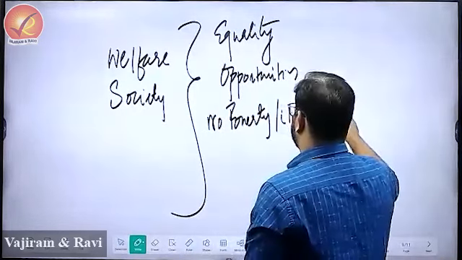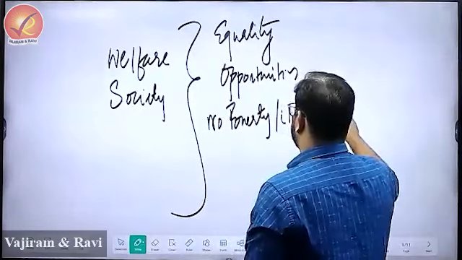Please cut that illiteracy and write ignorance. The term used by the court was ignorance. So poverty, ignorance, inequality of opportunity and disease are the aim of democratic socialism per se.